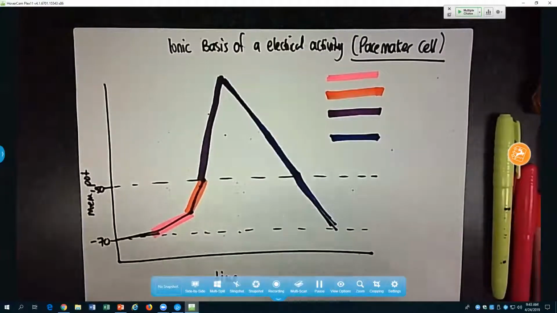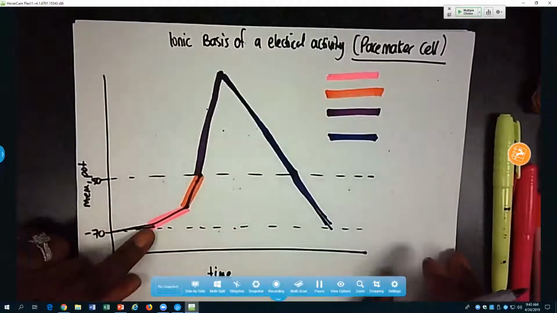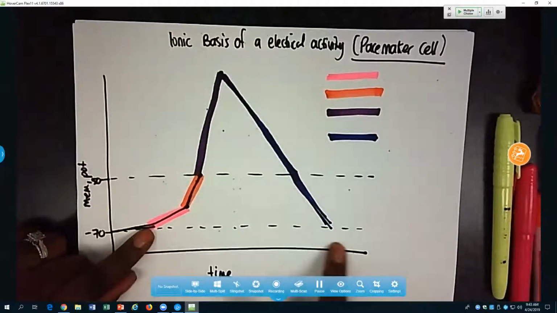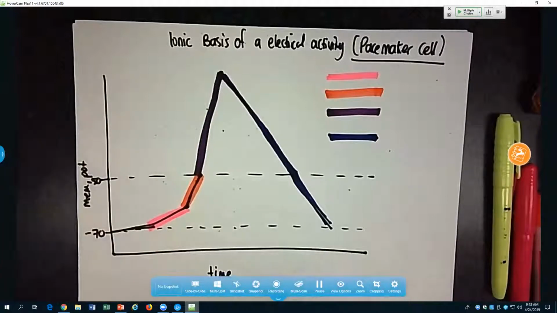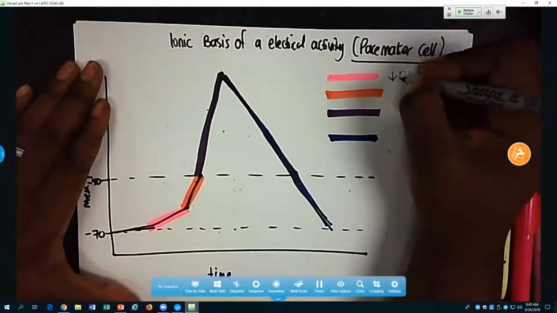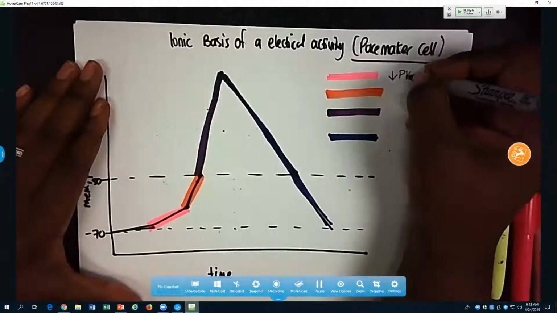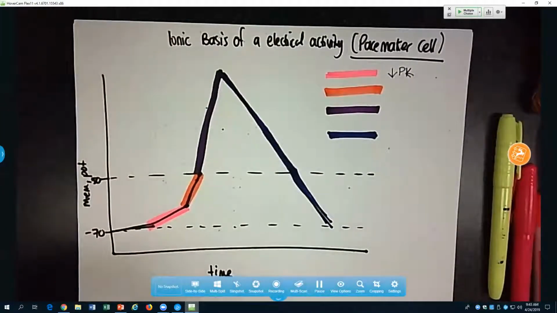Now the first thing that happens here is we have closing of potassium channels. All right, so the membrane is at rest to start. It's at -70. And what's happening here is that potassium channels were open. So the first thing we have is that the membrane permeability to potassium is going to decrease. Okay. So there's a decrease in the membrane permeability here.